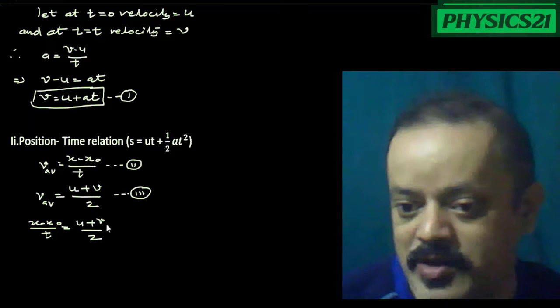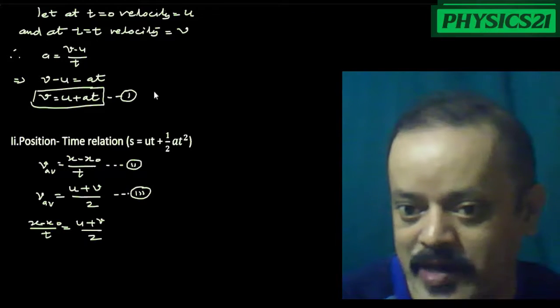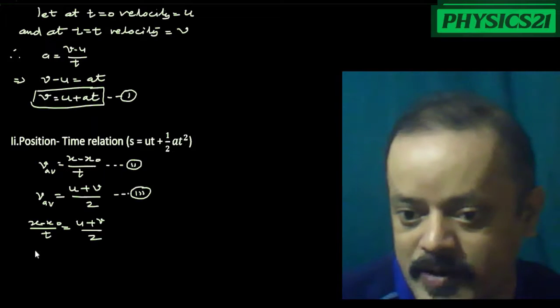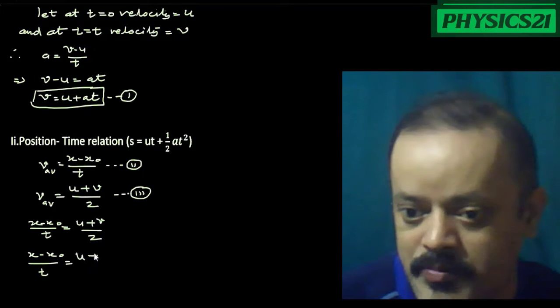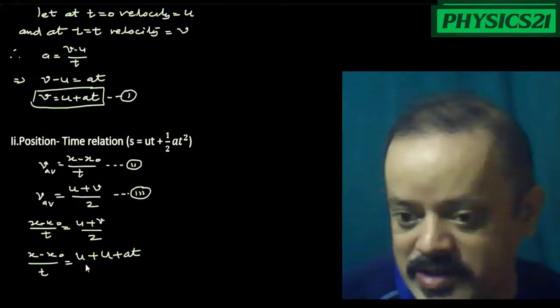Now we can substitute the value of v from the first equation of kinematics. So we get x minus x naught divided by t equals u plus, in place of v we substitute u plus at, so it will be u plus u plus at, divided by 2.